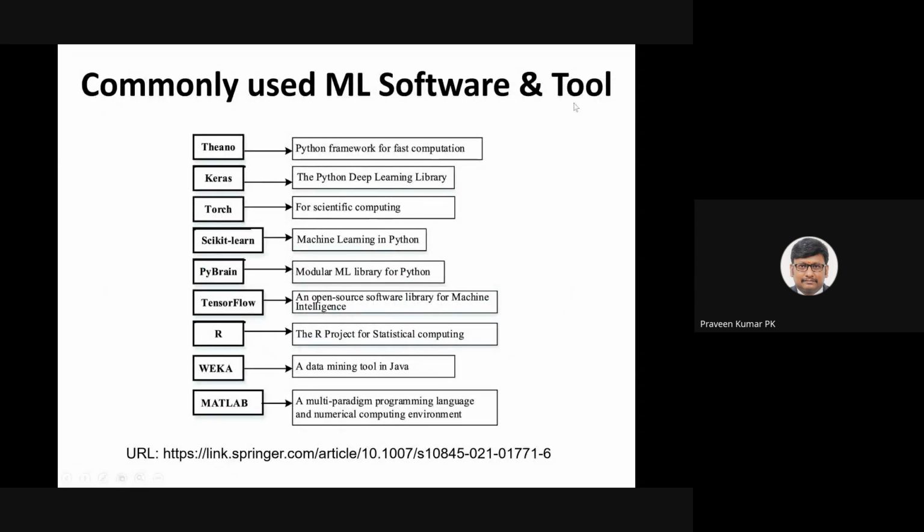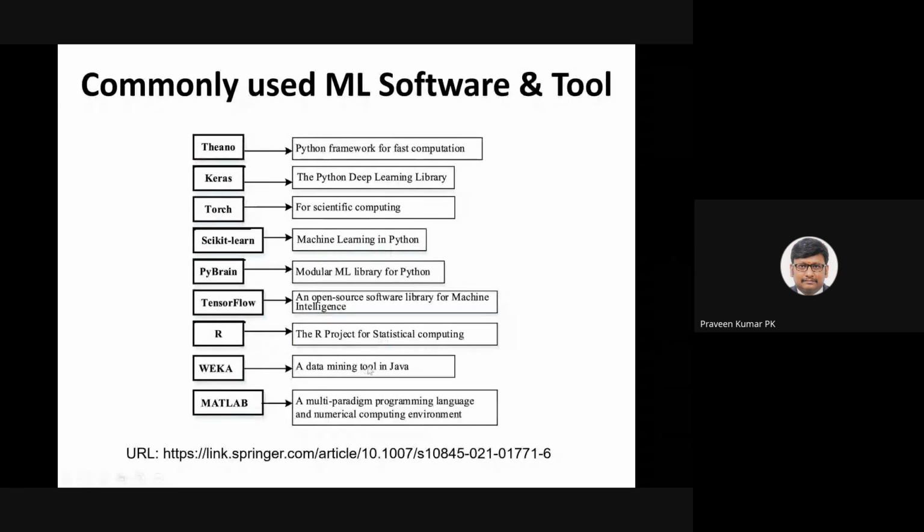Commonly used machine learning software and tools. Most probably we are using Keras, the Python deep learning library, and scikit-learn, of course, machine learning in Python. TensorFlow, I think many of you have heard about this. It's an open source software library for machine intelligence. In cloud computing, you have heard about TensorFlow, isn't it? And R programming, you have heard, isn't it? The R project for statistical computing.